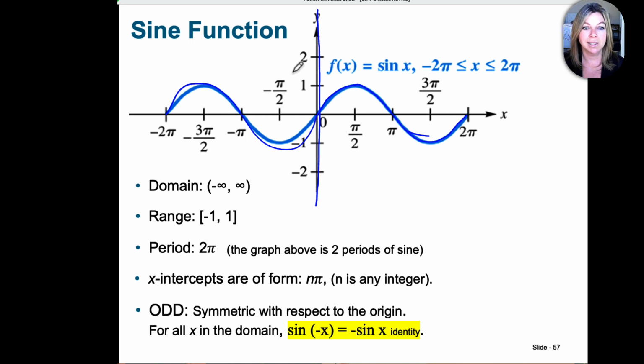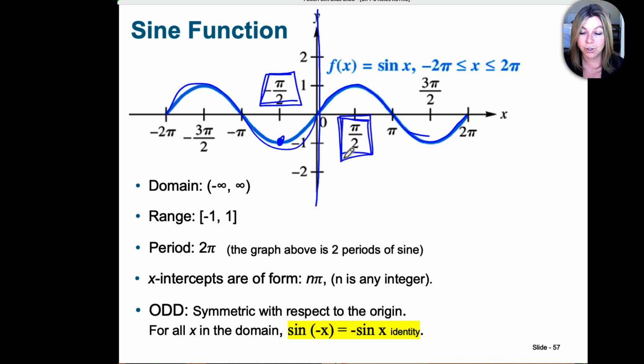Right here. Let's input sine of negative pi over 2. At negative pi over 2, sine has a value of negative 1. Okay? Now let's input its corresponding positive pi over 2. So that's here.